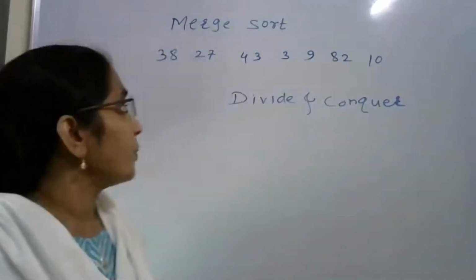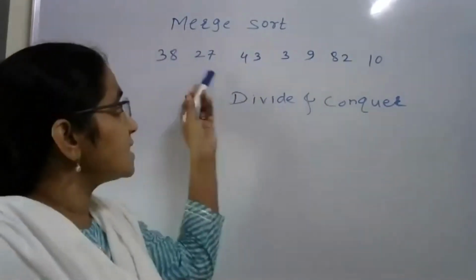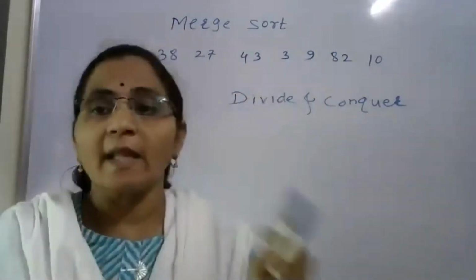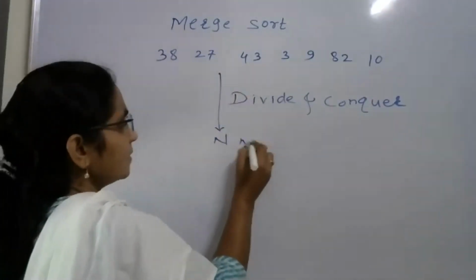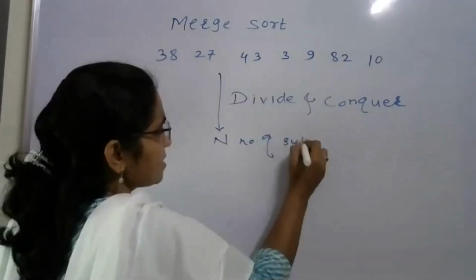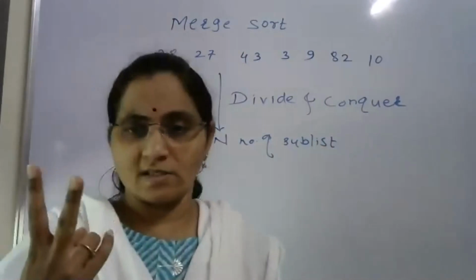In the case of merge sort, first of all, the list is divided into n number of sublists. It is divided into n number of sublists, not into two lists.